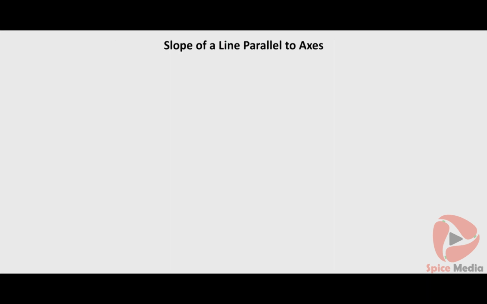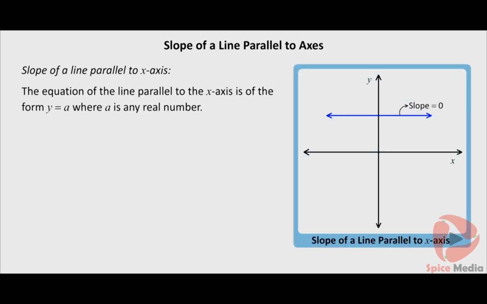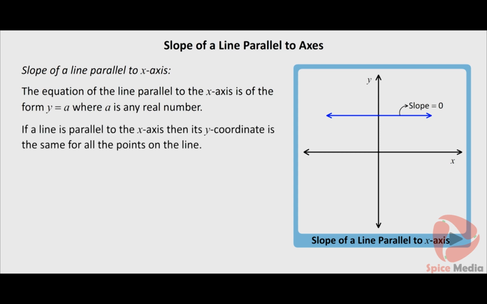Let us see what happens to the slope of lines parallel to the axes. The equation of the line parallel to the x-axis is of the form y is equal to a, where a is any real number. If a line is parallel to the x-axis, then its y-coordinate is the same for all the points on the line.